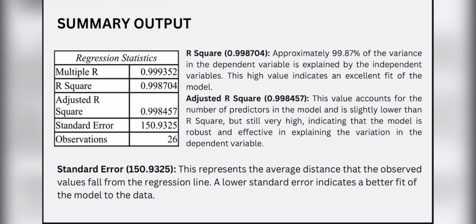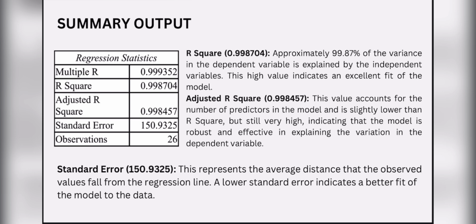When it comes to the R square, it is 0.998704, which indicates that approximately 99.87% of the variance in the dependent variable is explained by the independent variables, which means it is an excellent fit to the model, as it is really near 100%.